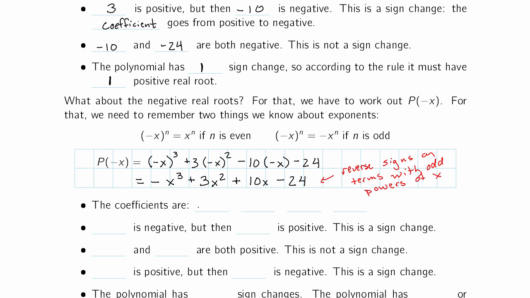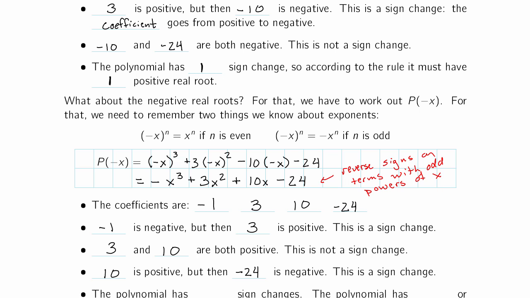So in P of negative x, the coefficients are -1, 3, 10, and -24. Our first coefficient is negative, but then 3 is positive. That's a sign change. 3 is positive, and 10 is still positive, not a sign change. 10 is positive, but then -24 is negative.